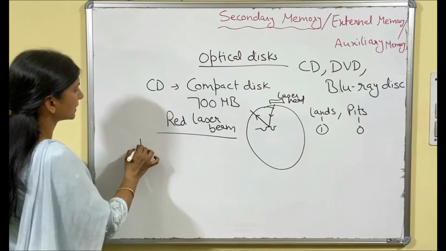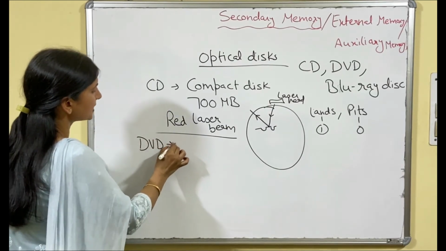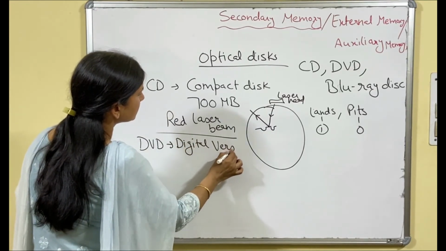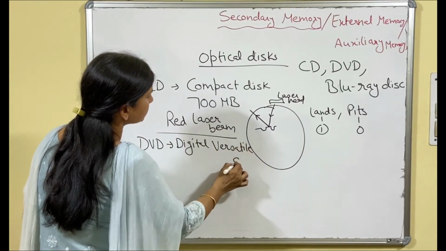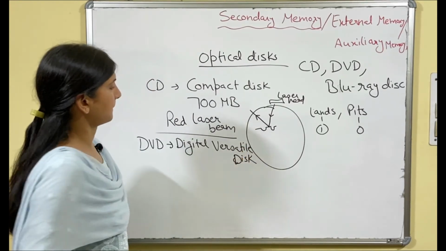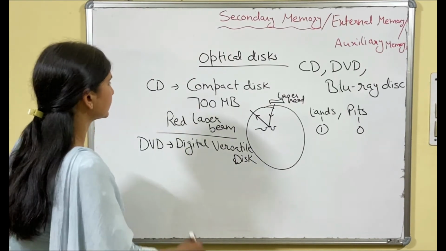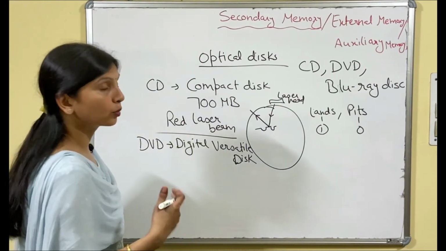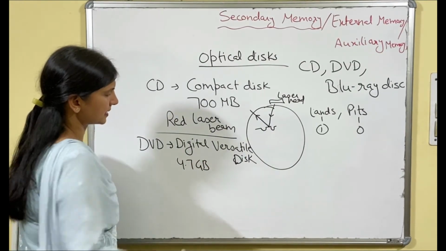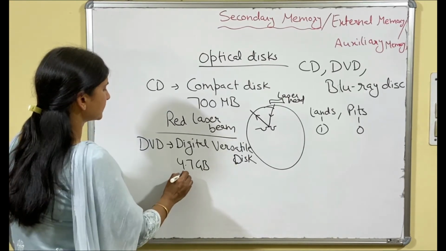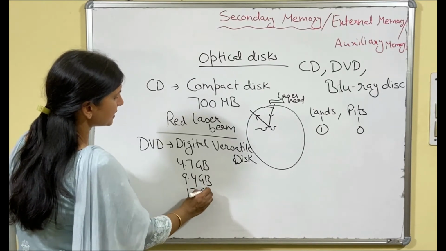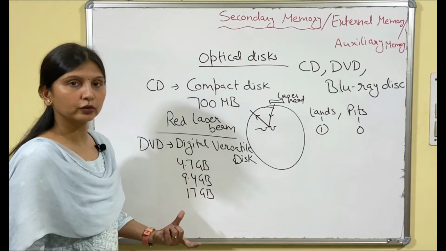Now come to the DVD. Full form is digital versatile disc. Now capacity of DVD is more than CD, around 4.7 GB, and different sizes are available for DVD, like 9.4 GB, around 7 GB also.